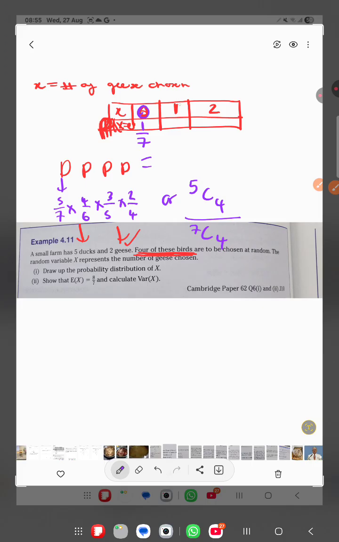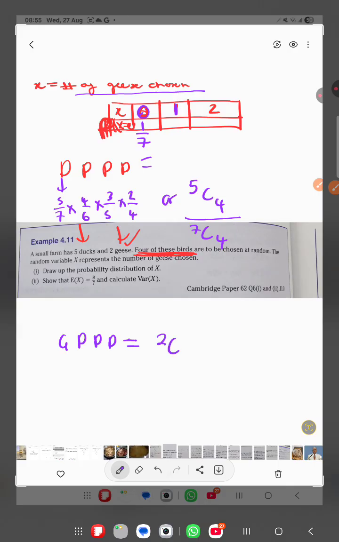Then the next one is 1 goose. Remember, number of geese, so 1 is 1 goose. So I have 1 goose and 3 ducks, obviously, out of 4 birds. I could do the choose method. There were how many geese before? There were 2 geese.